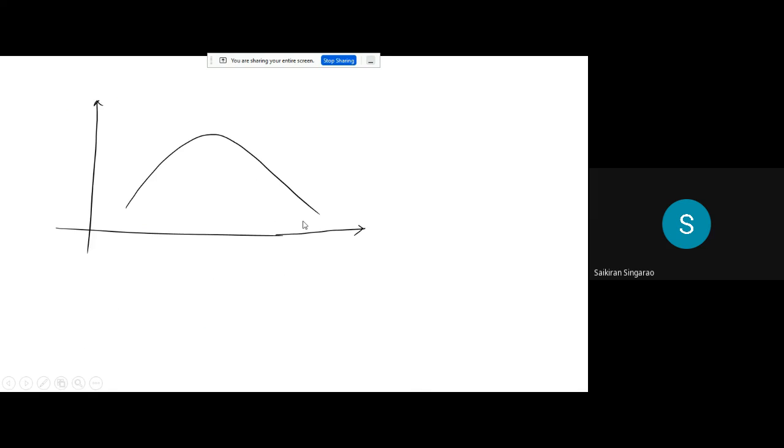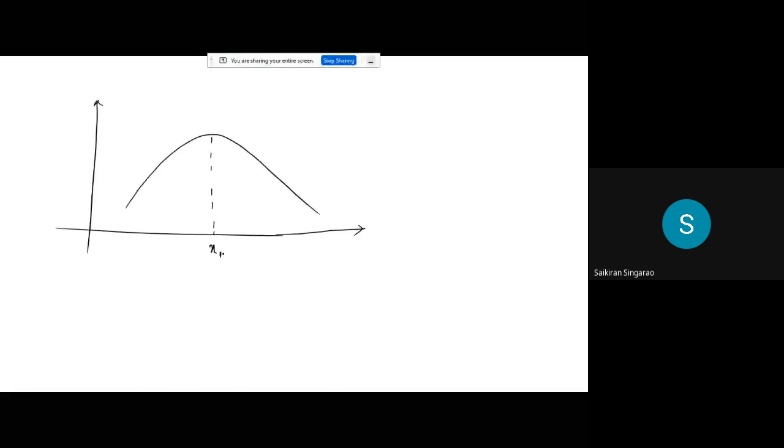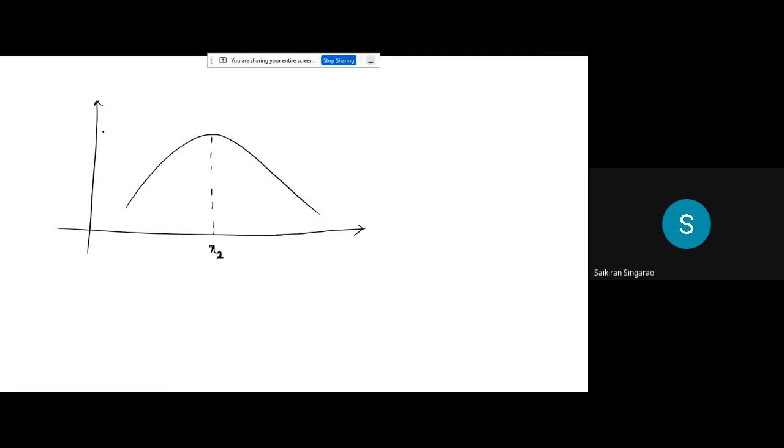So see. Let me call this x1 point, or let this point be x2, right? What will be the slope at x2?